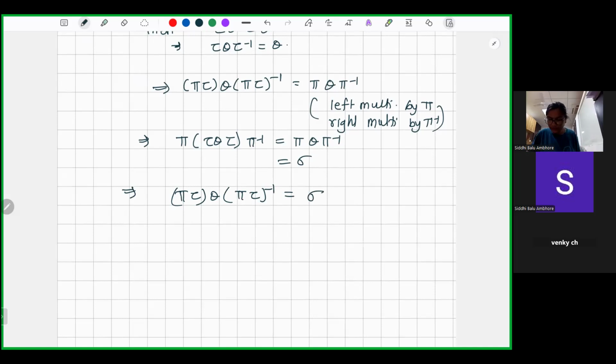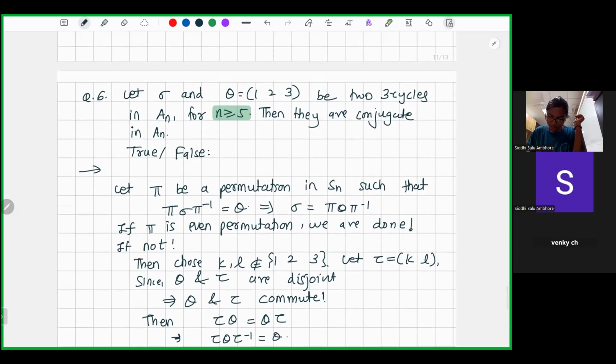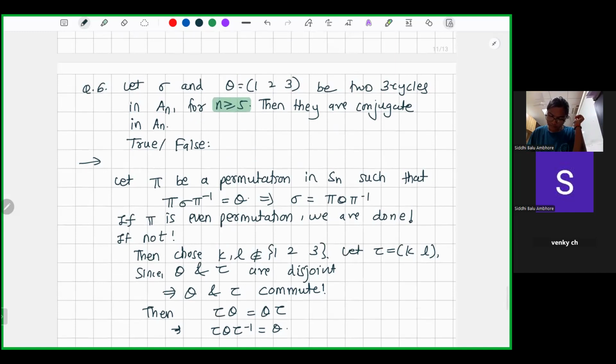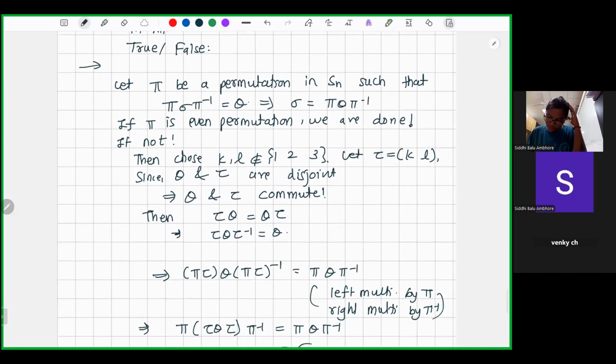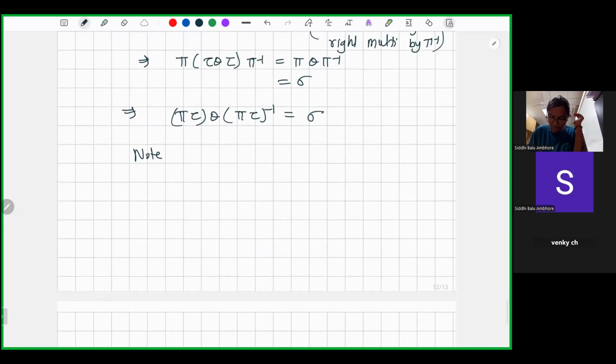And note that this pi is an odd permutation.